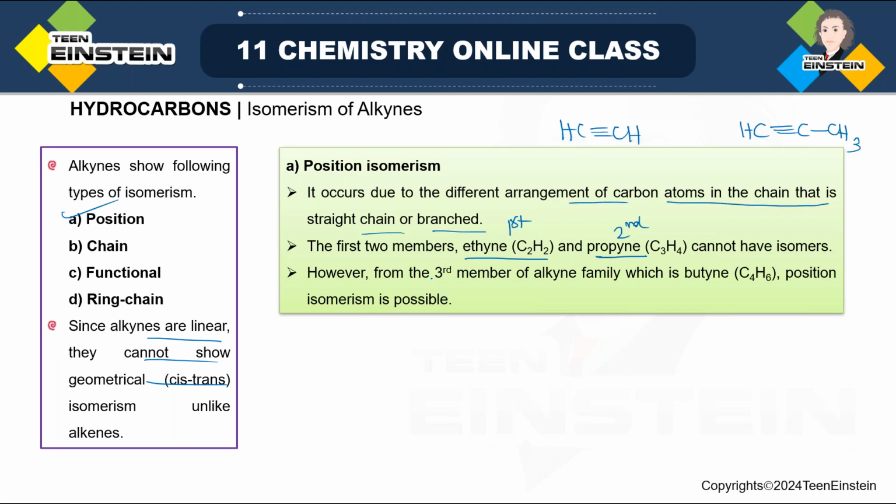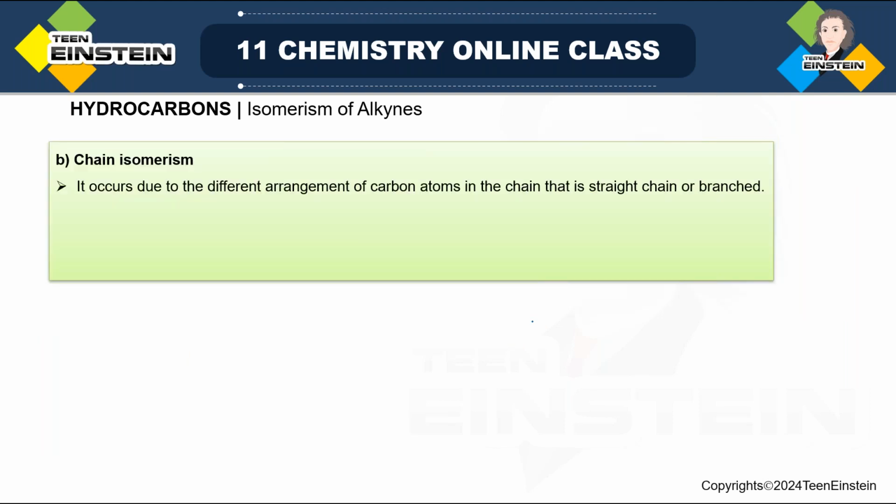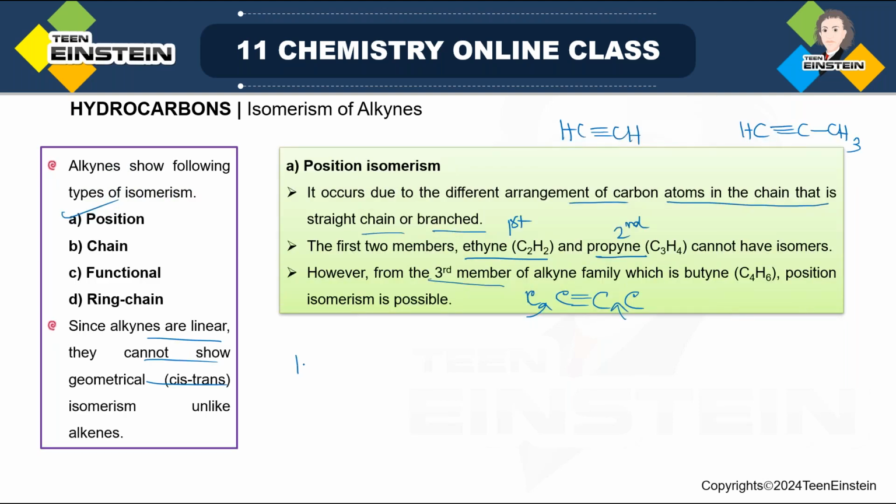But from the third member, which is butyne, you can put the triple bond either in the middle position or in the terminal position. So 2 types of variation are possible, right? Now, sorry, here if I draw the structure, this I will call 1, 2, 3, 4. 1-butyne, right?